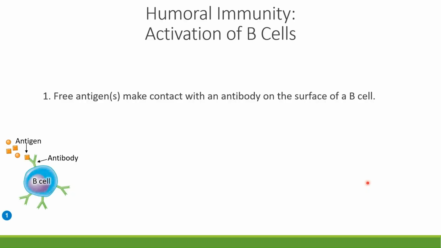All right, so let's now take a look at how this humoral immunity works, how things get activated, how these antibodies get selected, and B cells get activated, and these antibodies get selected for and reproduced en masse to fight off the specific reaction.